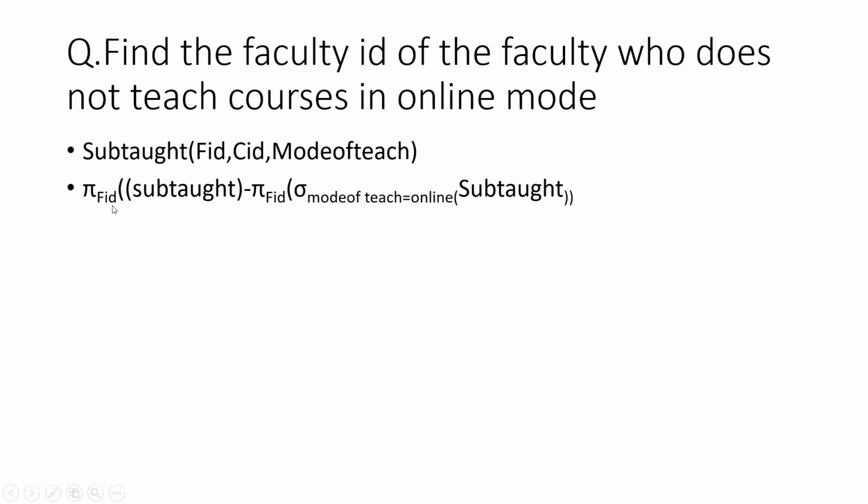Pi FID of subject code will retrieve the faculty ID of all faculties. Then pi FID of sigma mode of teach is equal to online of subject code will retrieve the faculty ID of the faculties who are teaching in online mode. So by subtracting, we will get the result.